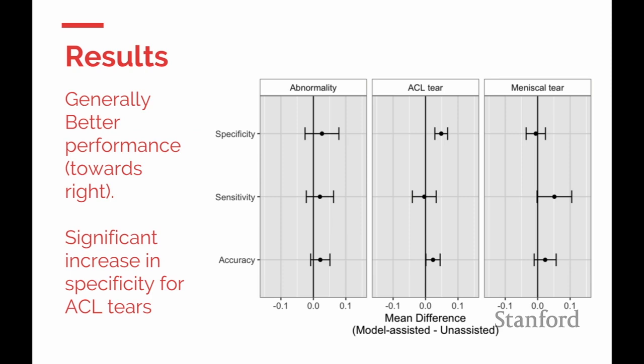And what we found is that we were able to increase the performance generally, with a significant increase in specificity for ACL tears. That means if a patient came in without an ACL tear, I'd be able to find it better.